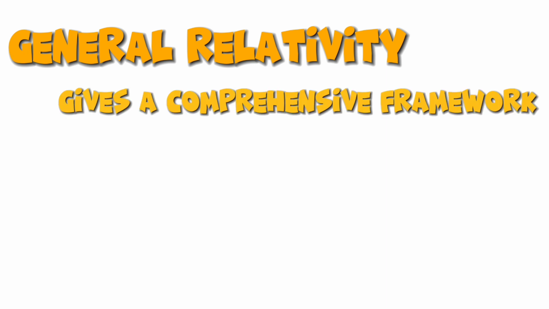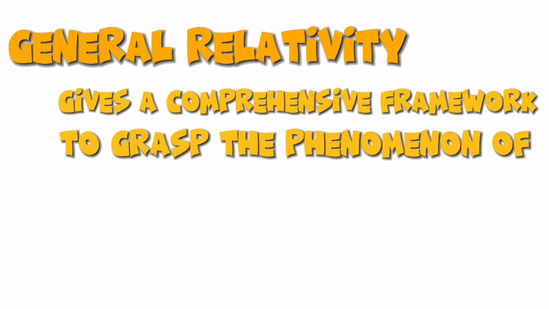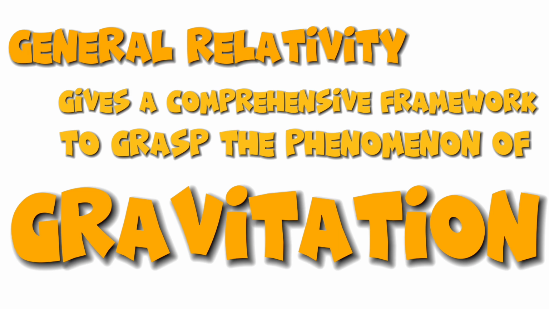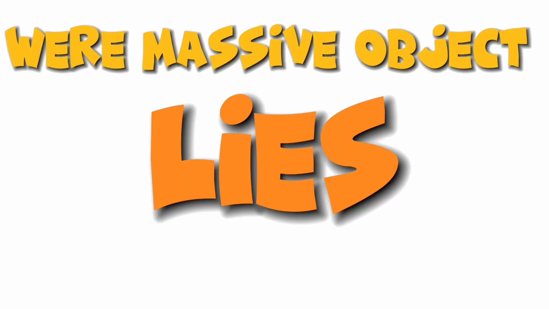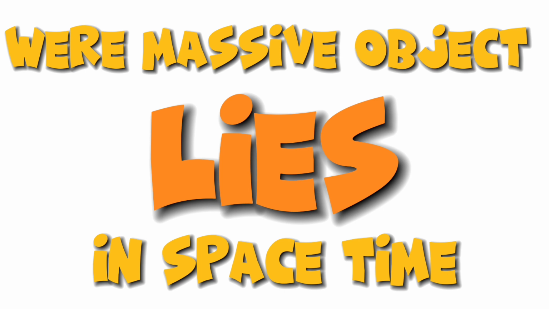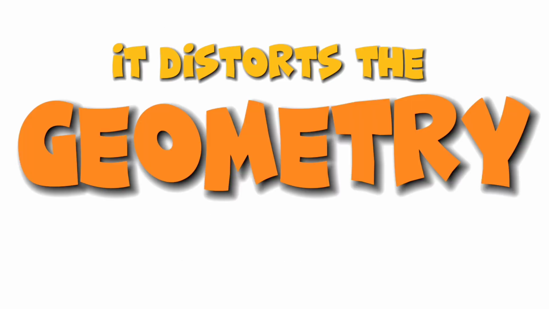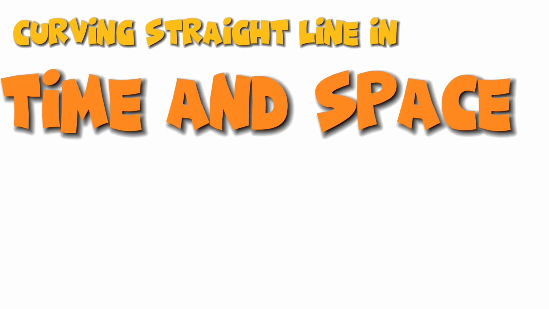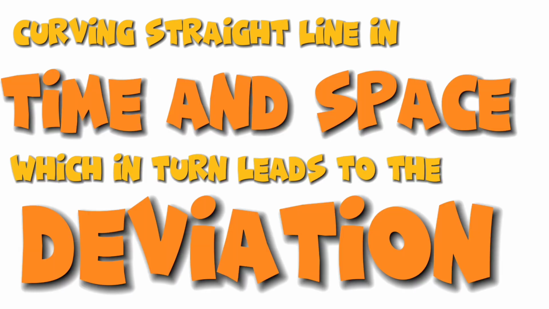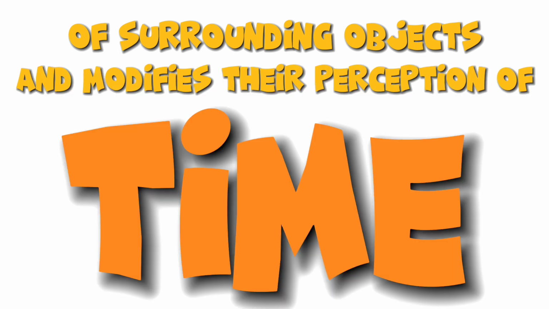To sum up, general relativity gives a comprehensive framework to grasp the phenomenon of gravitation, where a massive object lies in space-time. It distorts the geometry around it, curving straight lines in time and space, which in turn leads to the deviation of surrounding objects and modifies the perception of time.